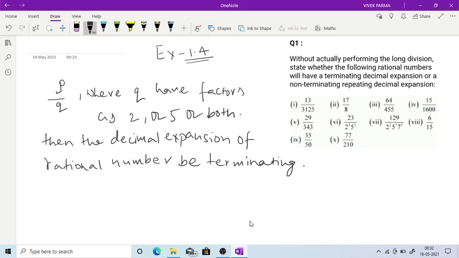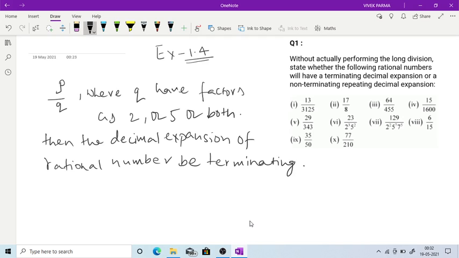So without dividing, we have to find which rational numbers will have terminating decimal expansion or a non-terminating repeating decimal expansion.